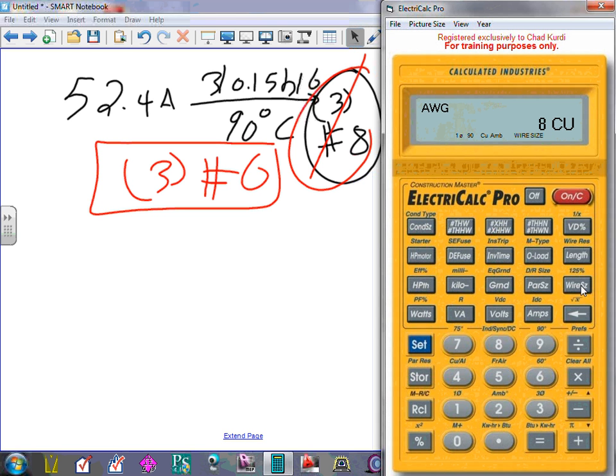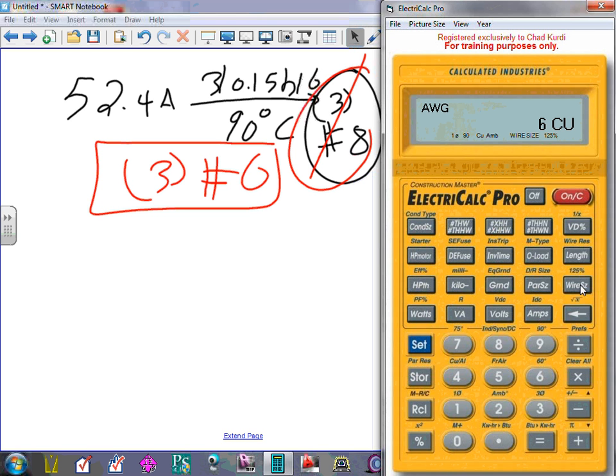So you can do the continuous load, the 1.25, and it will come up with 6. If you size based on continuous load and the rating, you come up with number 6. But here's what I do, at least personally.